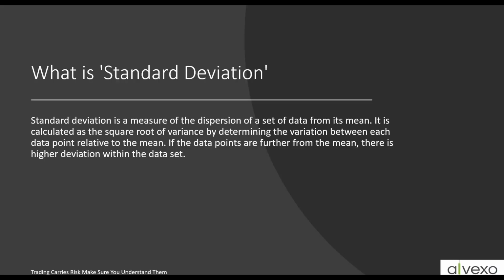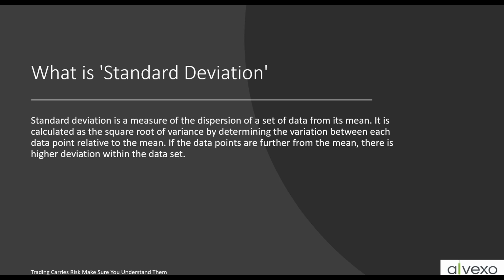So I'm going to try to explain it to you in terms of the market or in terms of finance. Standard deviation is the measure of the dispersion of a data set from its mean. So if we were to say that in an easier way, standard deviation is the measure of the difference between the open, the high, the low, and the close from its moving average.